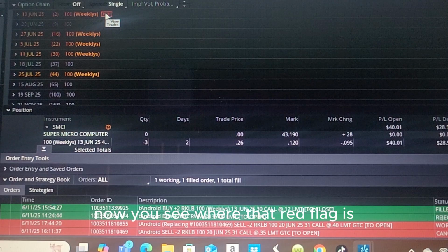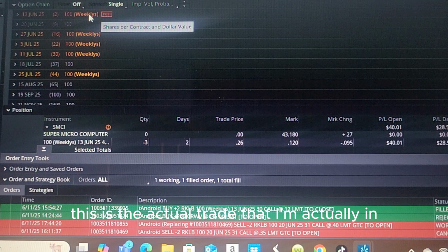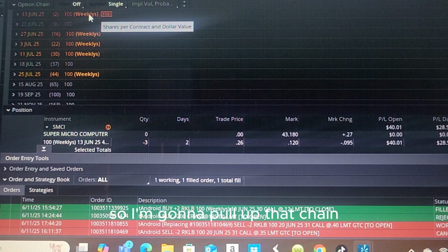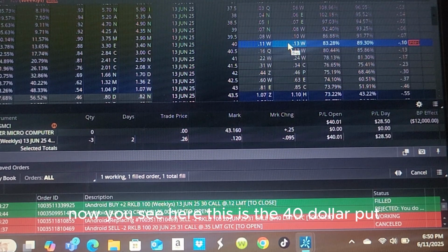Now you see where that red flag is on the option chain. This is the actual trade that I'm actually in. So I'm going to pull up that chain. Now you see here, this is the $40 put.